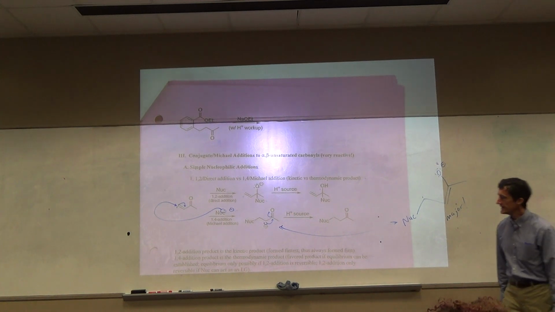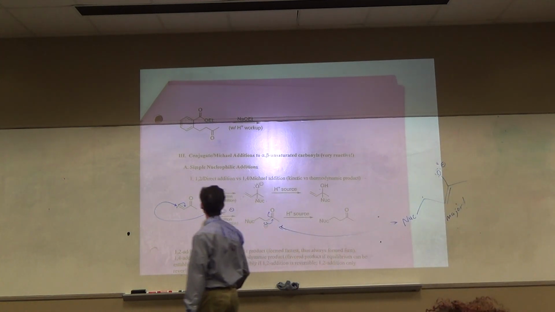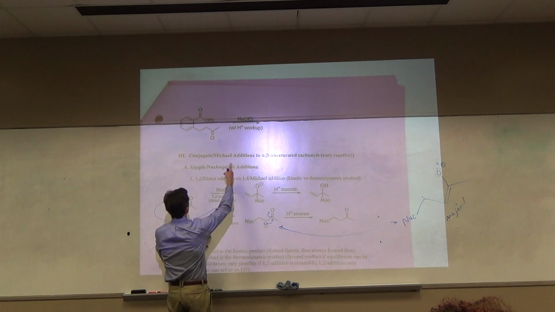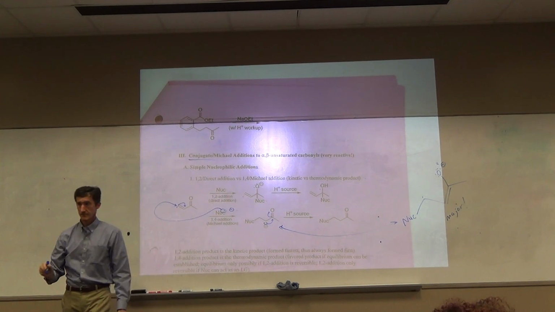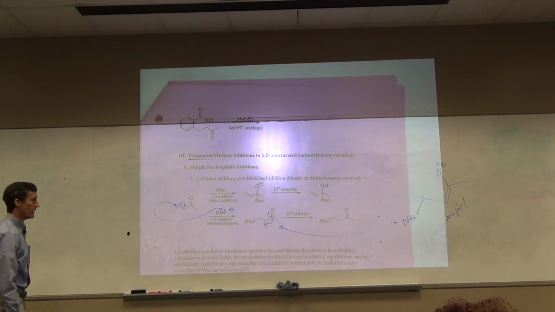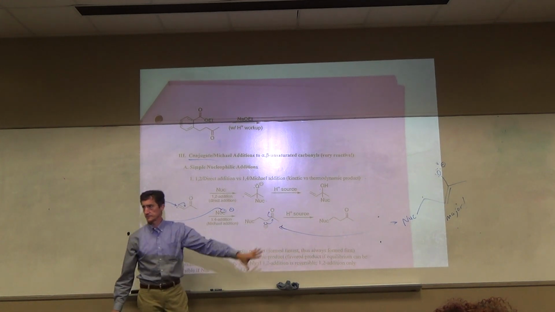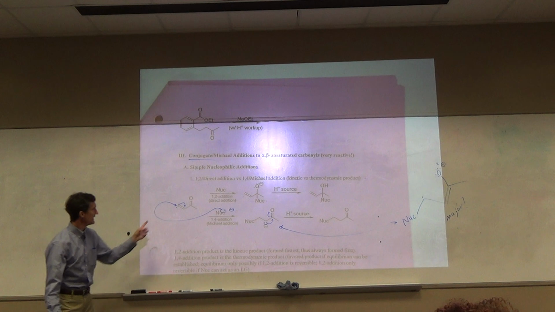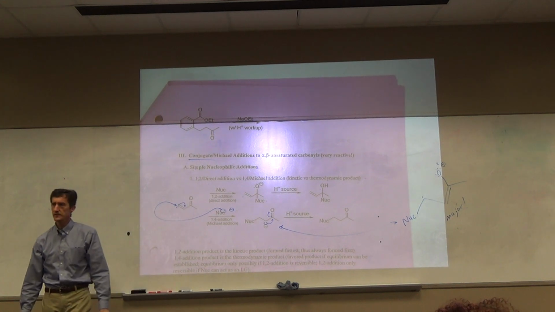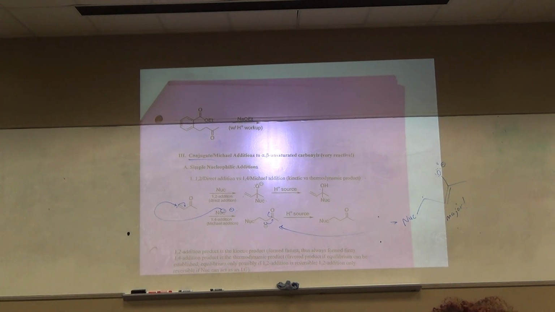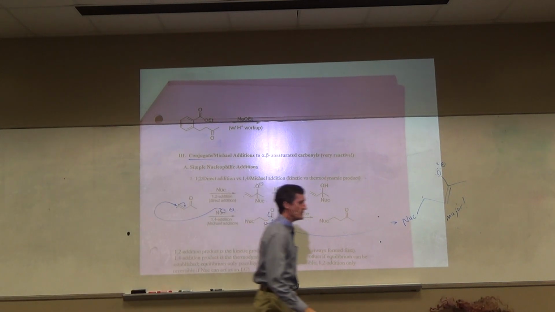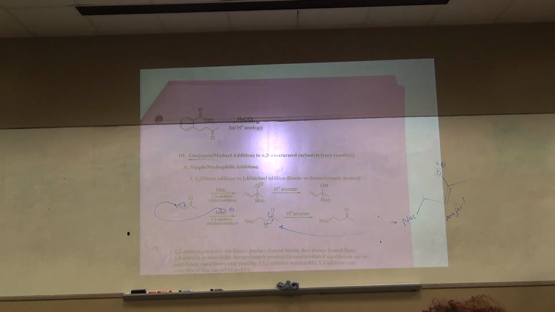This is also called a conjugate addition. Because the resulting anion is conjugated with the carbonyl. Or you could say the alkene is conjugated with the carbonyl. Because of the alkene conjugation, that's why we're able to do this. Because typically we do not add nucleophiles to alkenes.